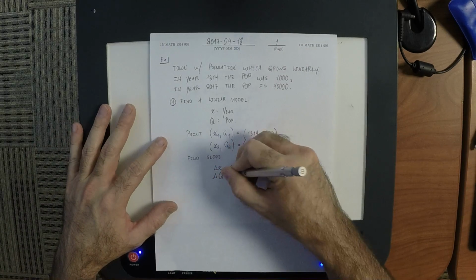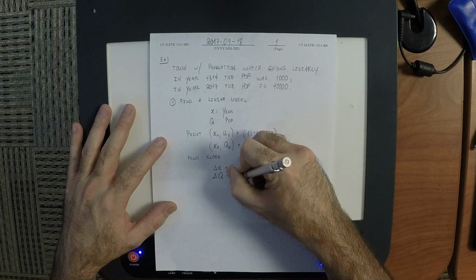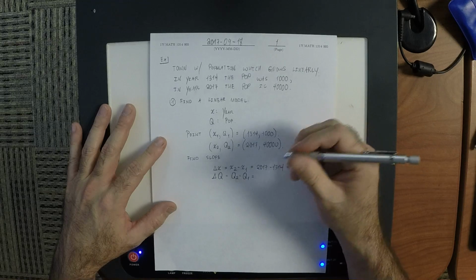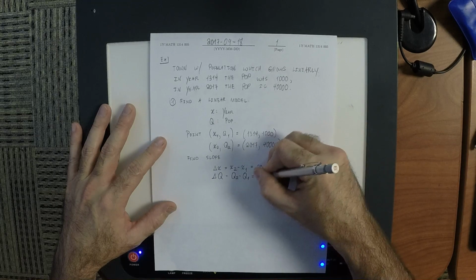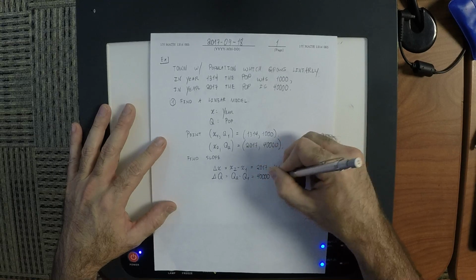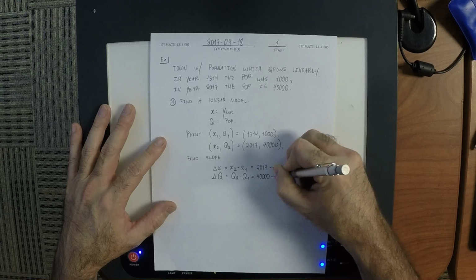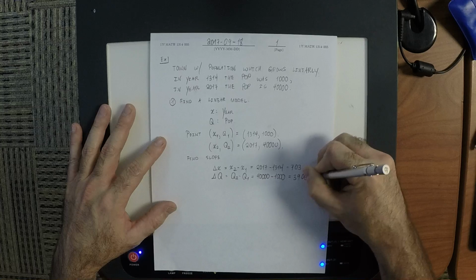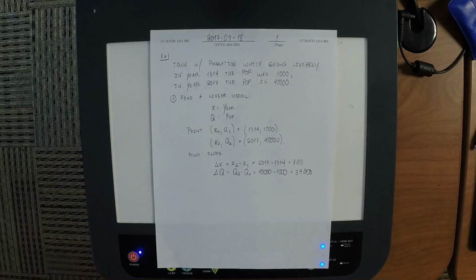And then delta q, well, that'd be q2 minus q1, which is 40,000 minus 1,000, and that's surely 39,000. Very good. So over the course of these 703 years, the population went up 39,000.